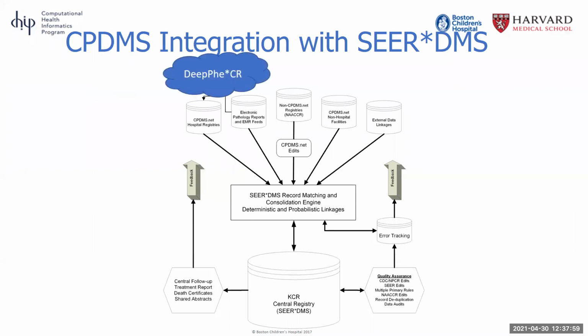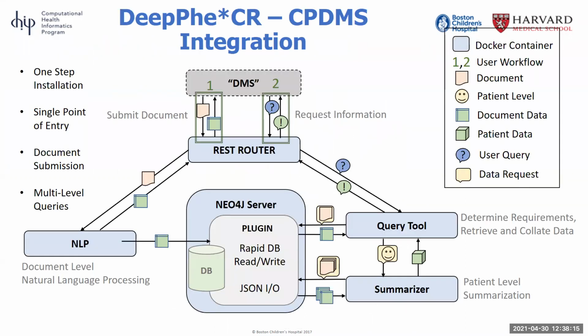So this is the architecture of the SEER DMS system, and then we are inserting DeepPhe CR into the process. The reason I'm showing you this is because there are lots of software decisions that we have to make to implement the tool within a production system. So this is a super high level sketch of the integration of DeepPhe within the Kentucky Cancer Registry system.